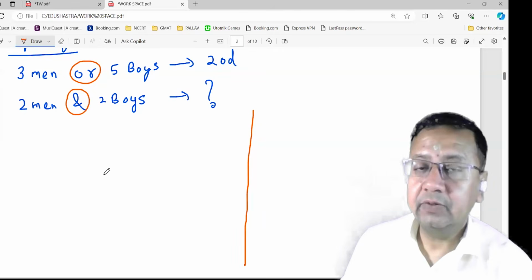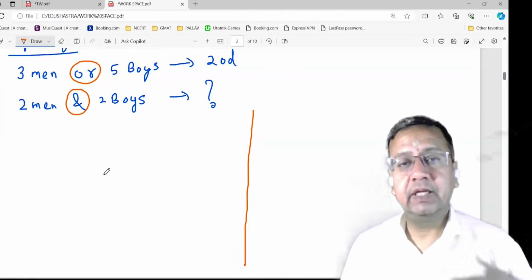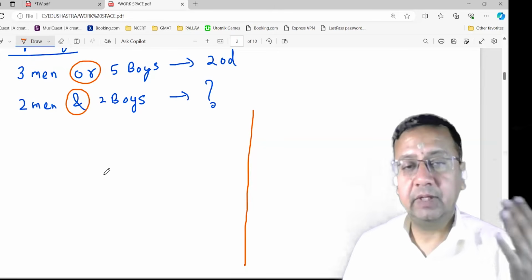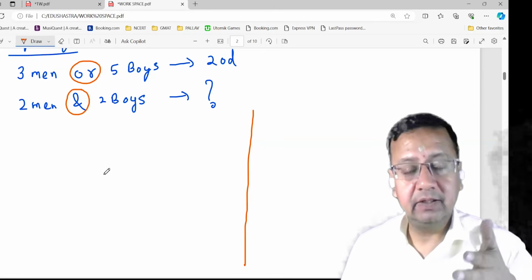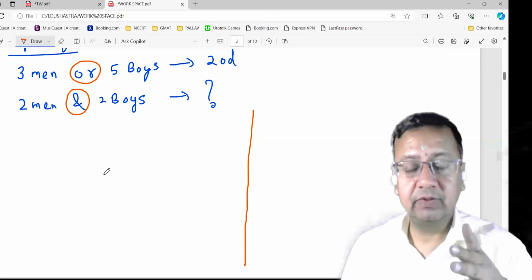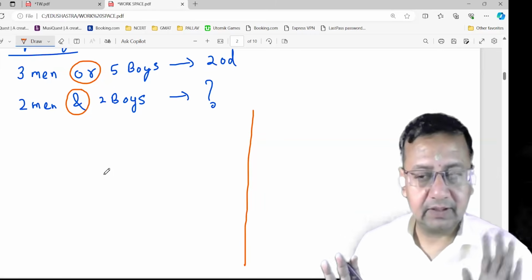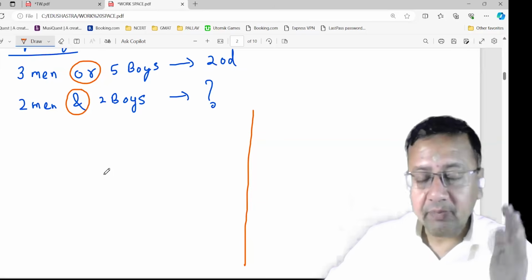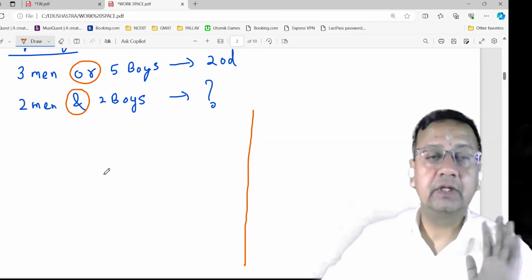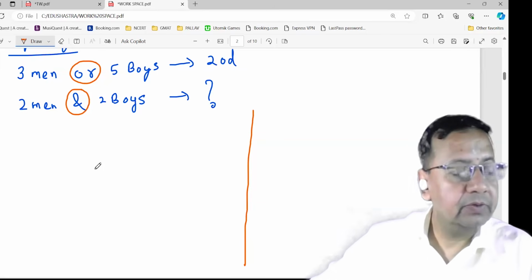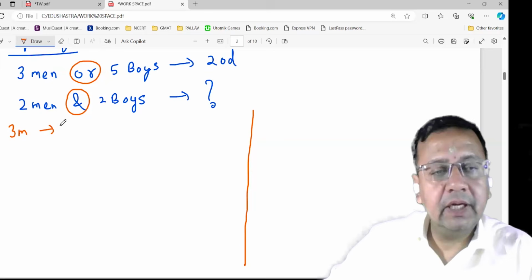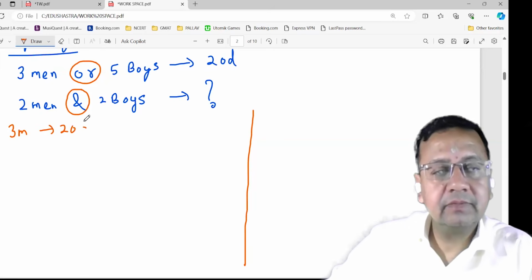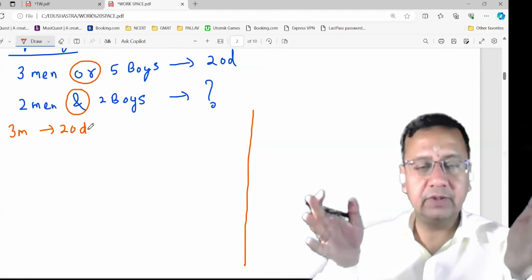So for this, I need a work. And if you're taking 20 by 5 or 20 by 3, this is days per men or days per boys, which is nothing, because you are not getting work. So what to do? 3 men if doing a work in 20 days, done, because they are individual groups.